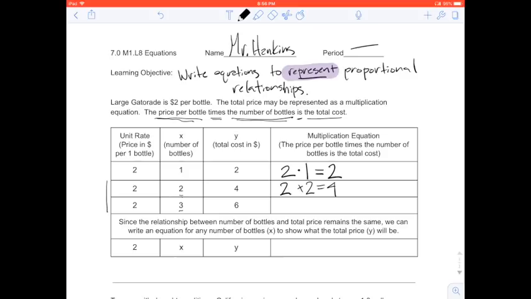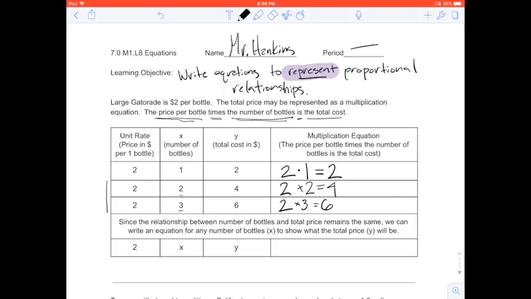The next one, $2 per bottle, 3 bottles, $6. So we write $2 per bottle times 3 bottles equals $6.